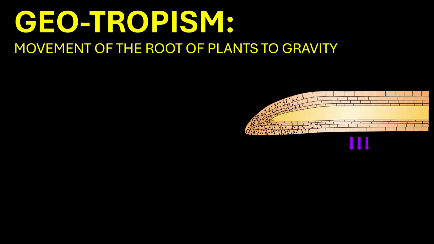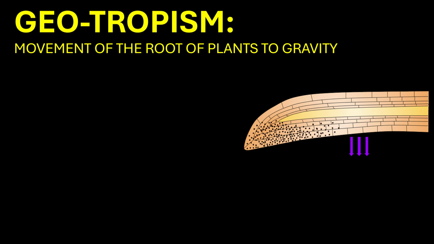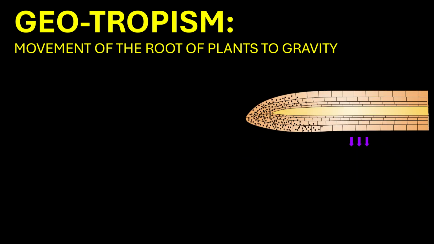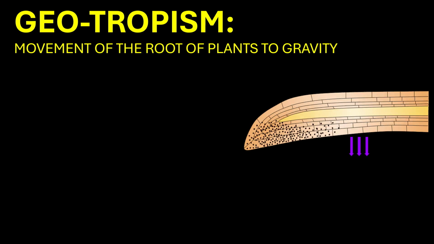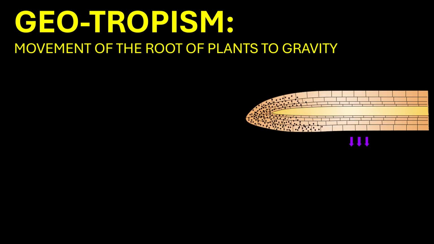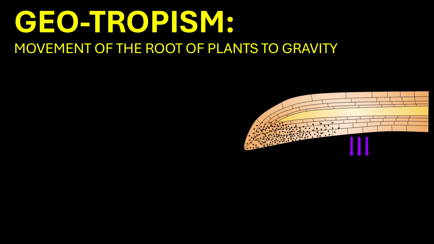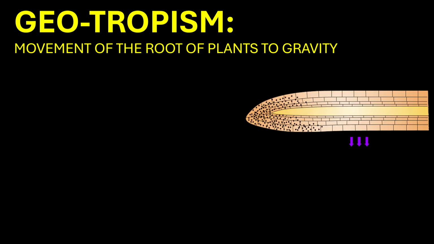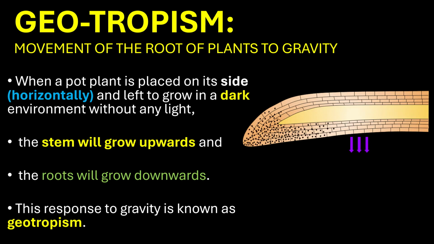Now, the next aspect of tropism will be geotropism. What is geotropism? Geotropism is the movement of roots of plants in response to gravity. So that's the root of a plant here. If you position it horizontally, it will grow vertically downwards automatically.